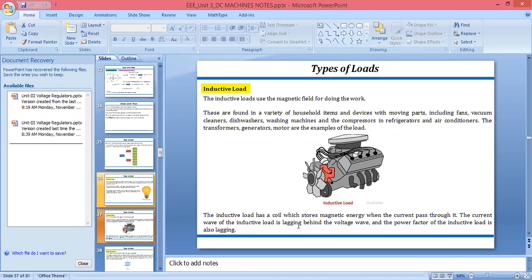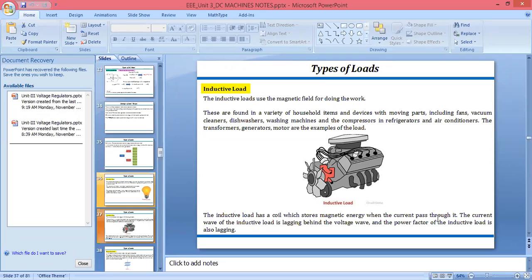If you see the resistor, in a resistive load, current and voltage are in phase. But when we are using an inductive load, the current wave is lagging behind the voltage. So as current is lagging behind the voltage, obviously power is nothing but V into I. So the relation between them is the same as for power.